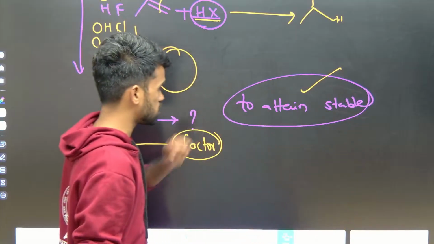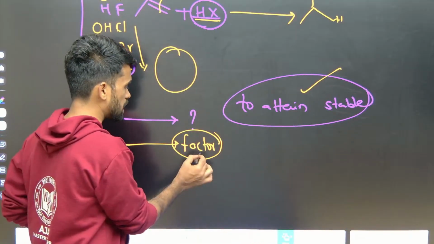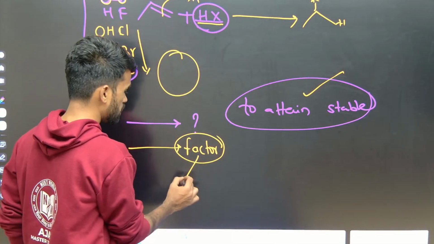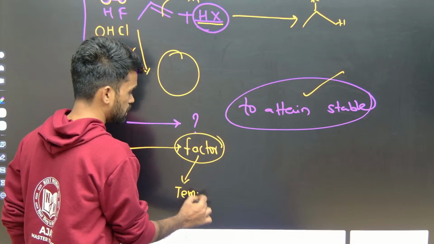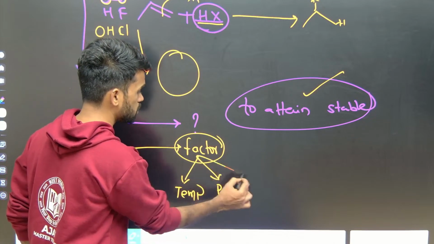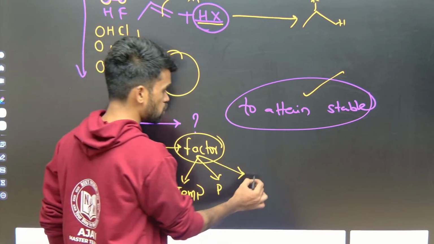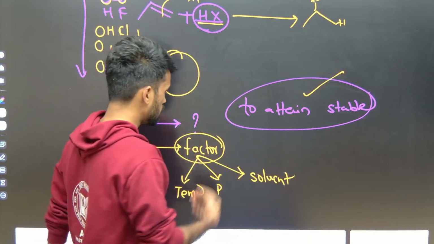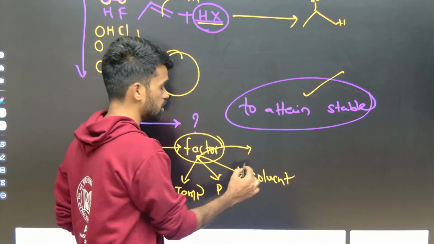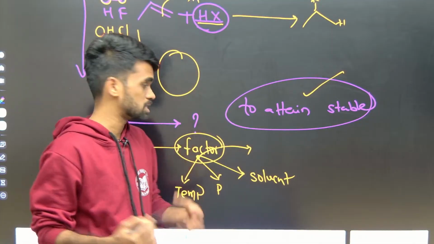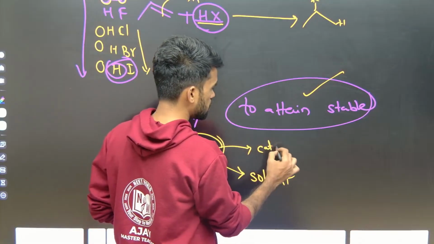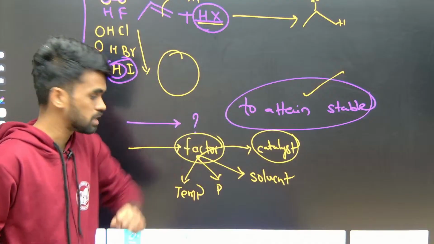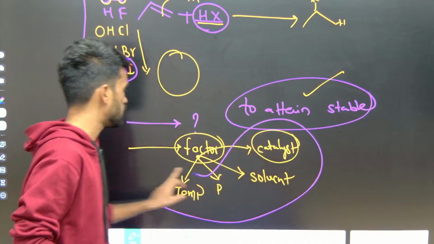During this process there are some factors, like temperature, which might affect, and pressure might sometimes affect, and sometimes the solvent in which the reaction takes place might affect. Reaction can also be faster in special conditions, like when a catalyst is used, so the speed of that reaction is increased or decreased. So these are some factors to be understood here.